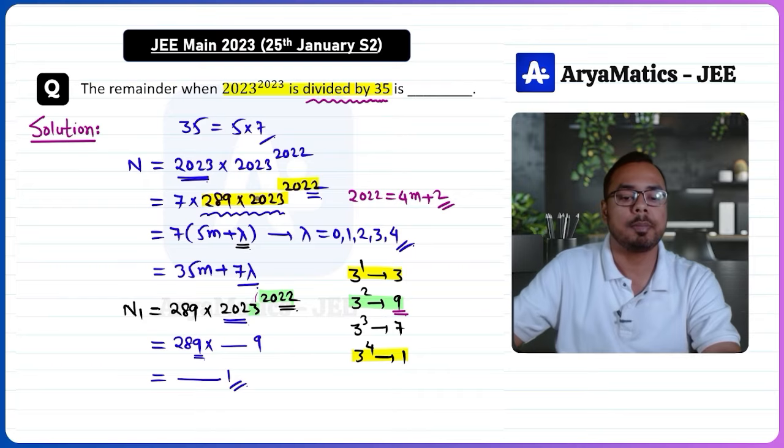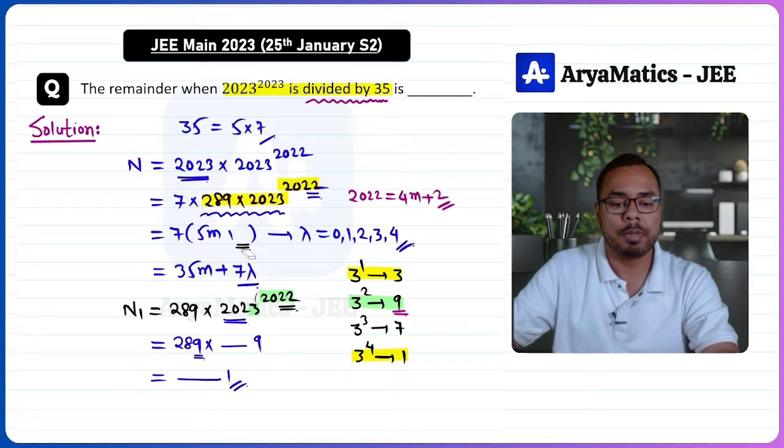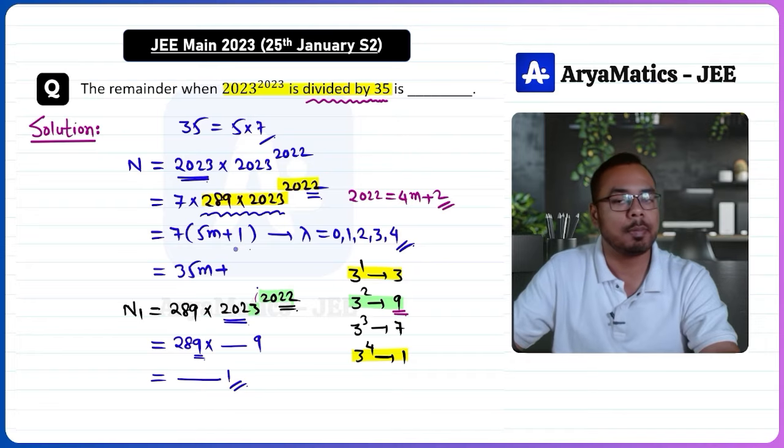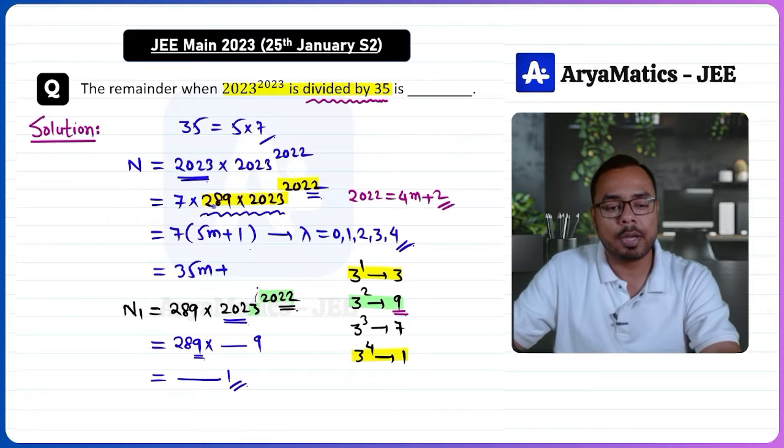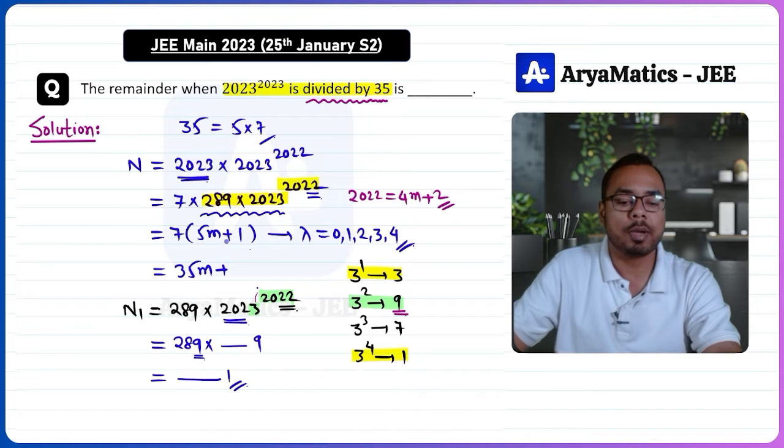And if we divide this number by 5, then what should be the remainder? If we have 1 at unit place, and if we divide that number by 5, the remainder will be 1, right? So this number 289 into 2023 raised to 2022, you can write as a multiple of 5 plus 1.